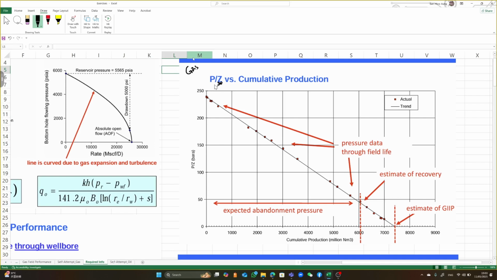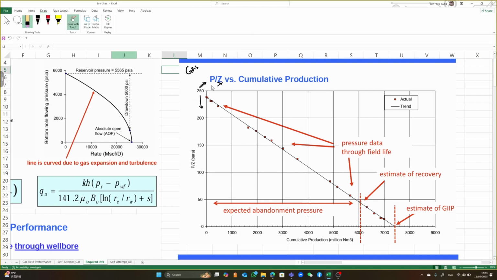As we start to produce, from the reservoir engineering point of view, the reservoir pressure will decline, right? The reservoir pressure will decline, and this declining reservoir pressure value divided by the Z factor, the compressibility factor, will give us a profile, which is plotted against the cumulative production profile.